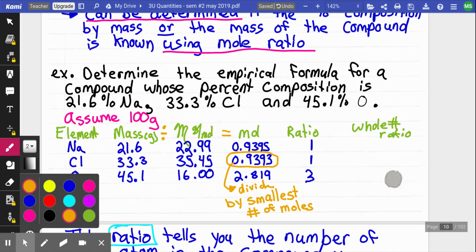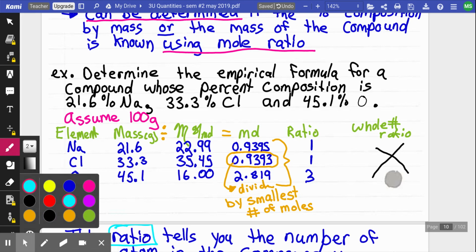Okay, so remember, I got these numbers by dividing the number of moles by the smallest number of moles. Our ratios at this point are whole numbers, so I don't have to do anything with this column. We'll look at what to do with this column later.